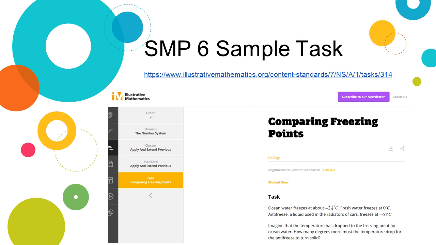This task is appropriate for assessing students' understanding of the differences of integers. Because the task asks how many degrees the temperature drops, it is correct to say that the temperature drops 61 5/10 degrees, 61.5 degrees.